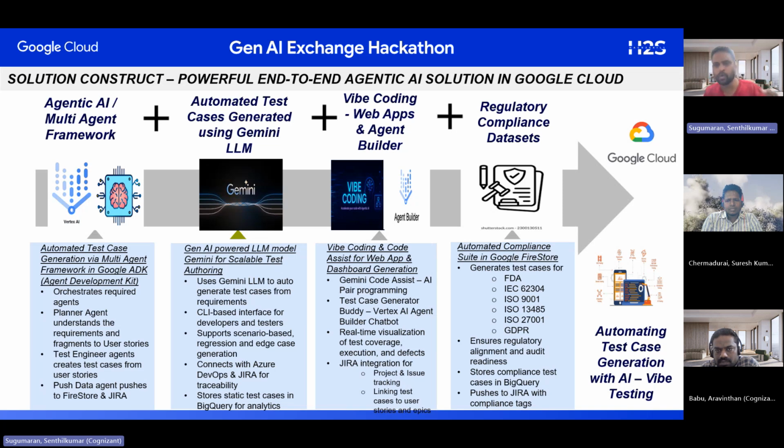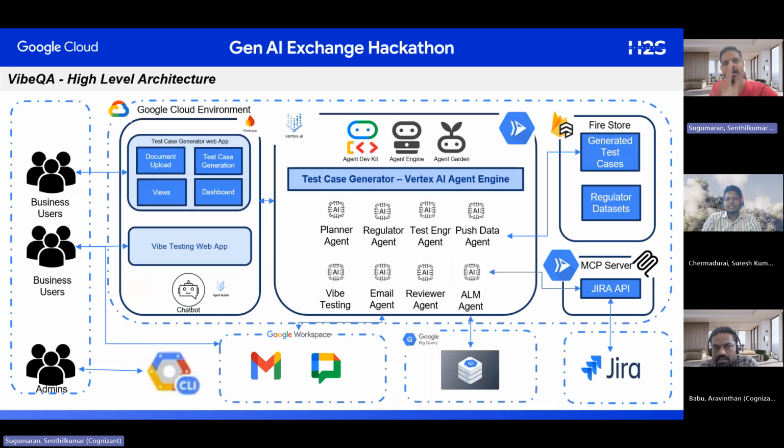We've used vibe coding, which is the new term, basically the Google Code Assist tool, extensively to build all our web apps and dashboards. Whatever demo we're showing right now, 70-80% has been done via vibe coding or the Google Code Assist tools. Our architecture is fully immersed in Google Cloud.